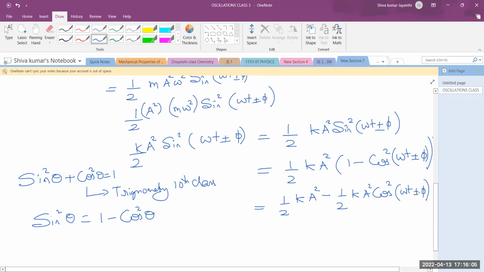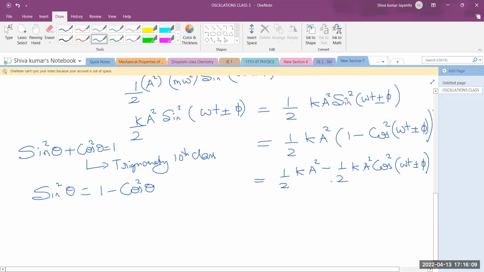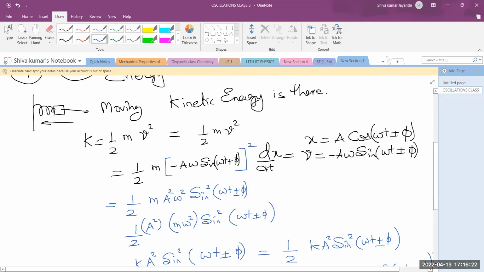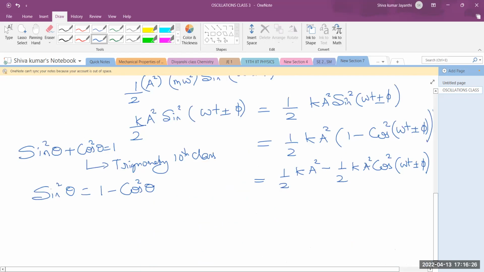If you observe this a little carefully, look at the second term. There is k A square cos square. What is your x? X is A cos. Yes or no? So there is A square cos square, which means this is x square, isn't it?